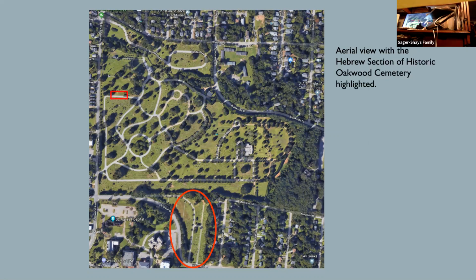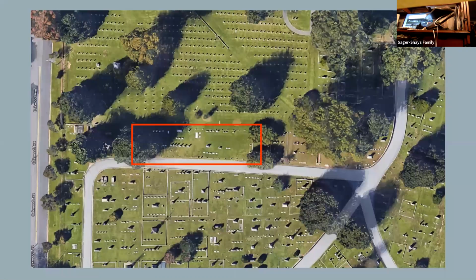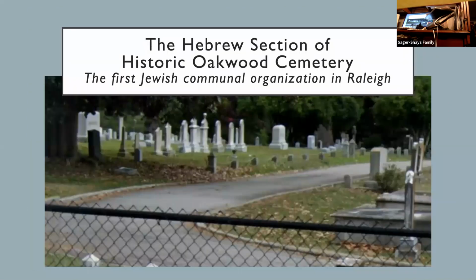Coming down a little closer, it's got the Confederate Cemetery just to the west. And this is how it looks from the street, just over the fence. It's got about 30, 35 graves. It was restored a few years ago to put that little low fence around it. I don't know if you can see the low stones with the chain in between them, but the cemetery committee restored it very nicely, and it can be seen.